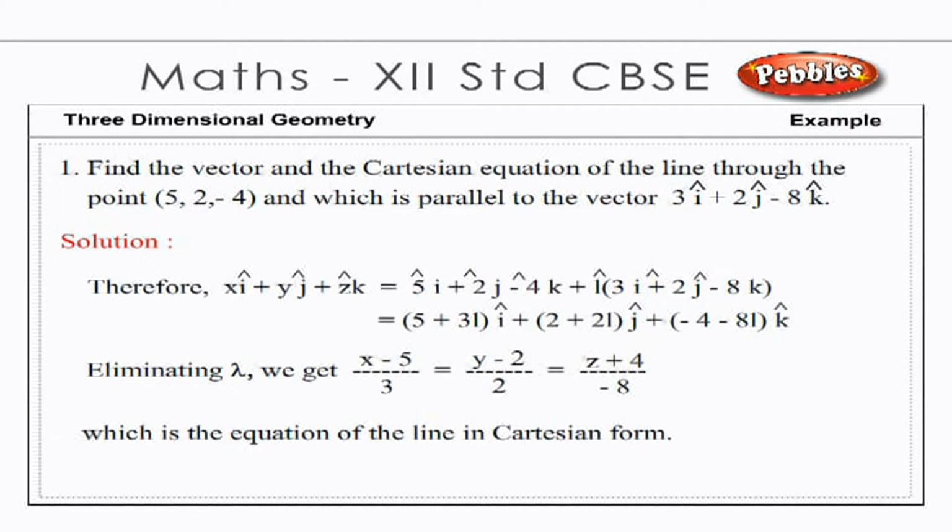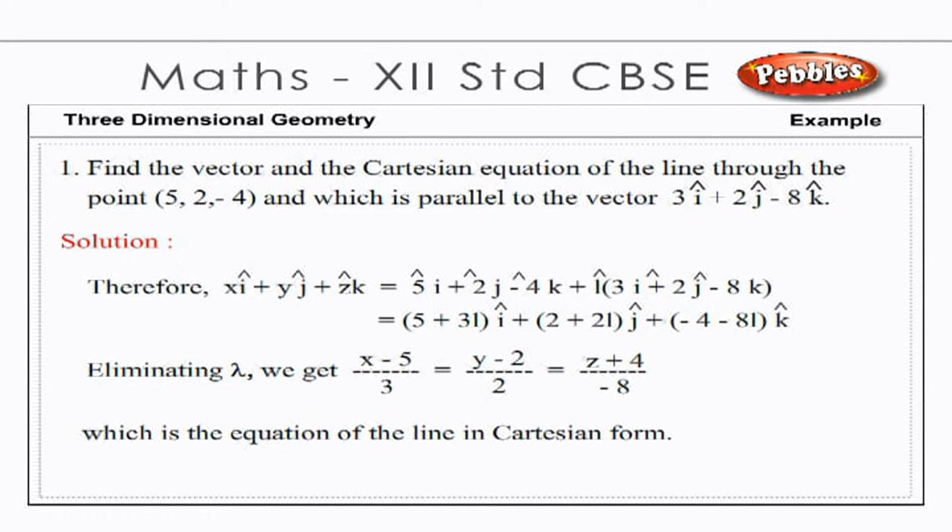Now, r vector is the position vector of any point P, x, y, z on the line. Therefore, x i cap plus y j cap plus z k cap is equal to 5i cap plus 2j cap minus 4k cap plus lambda into (3i cap plus 2j cap minus 8k cap), which is equal to (5 plus 3 lambda) i cap plus (2 plus 2 lambda) j cap plus (minus 4 minus 8 lambda) k cap.